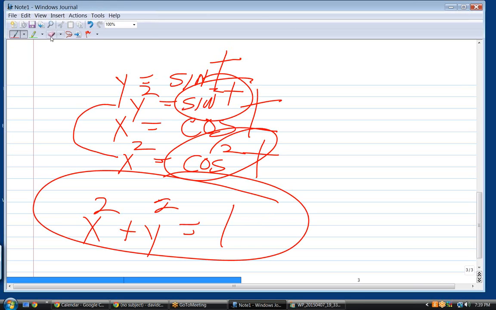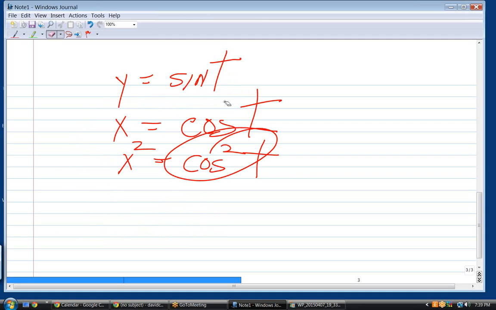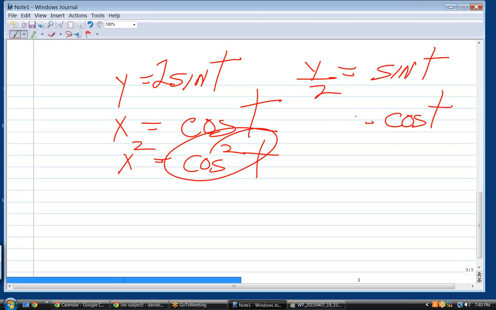Let's go back and do another easier one, but still a little difficult. If I said y is equal to 2 sine of t, and x was equal to cosine of t, well, the first thing I'm going to do up here is make the sine of t equal to y over 2, right? Cosine t equals x.